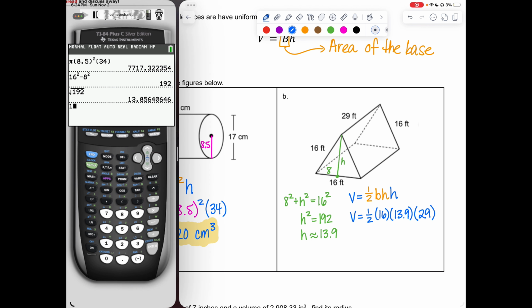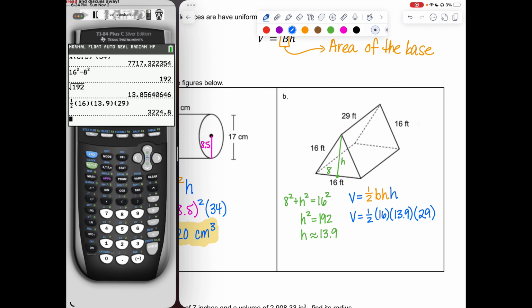So once we do that, put that in the calculator, and we would end up with approximately 3,220 feet cubed. All right.